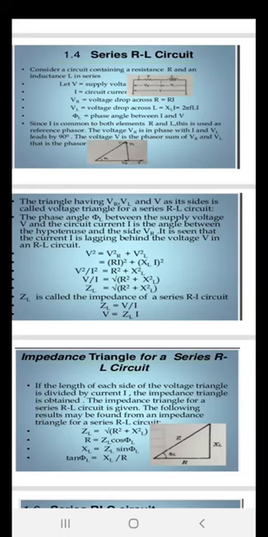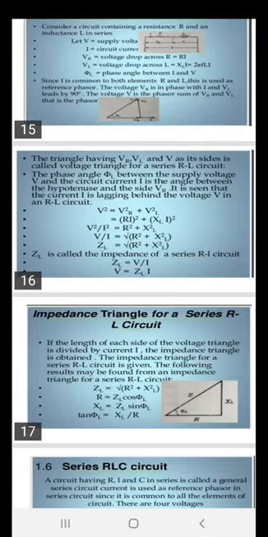Taking the square root, V by I is equal to under square root R square plus XL square. ZL is equal to the square root of R square plus XL square. ZL is called the impedance of the RL circuit. ZL is equal to V by I, and V is equal to ZL into I.